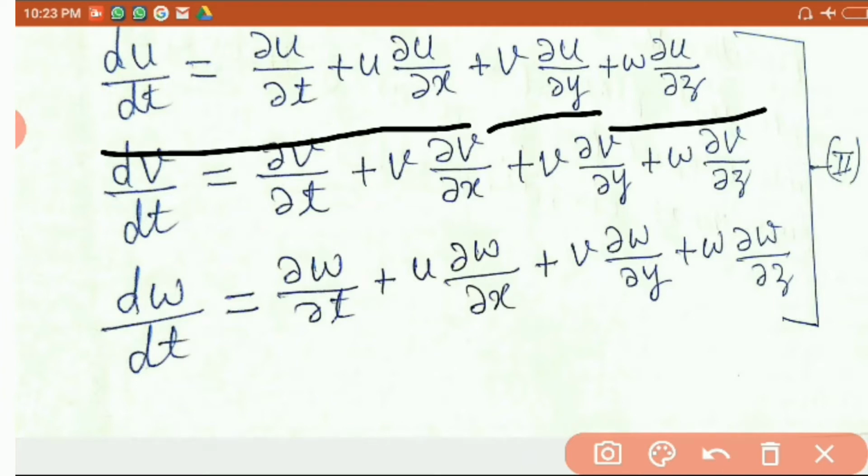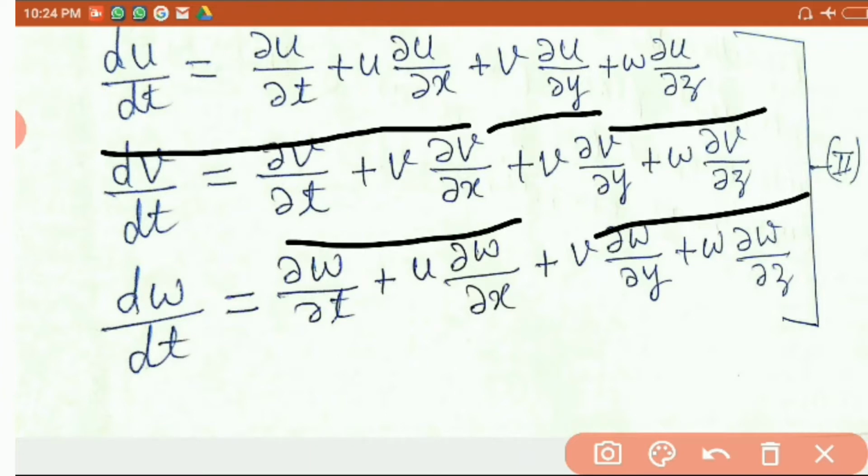Similarly, for the component v, dv by dt is equal to dou v by dou t plus u dou v by dou x plus v dou v by dou y plus w dou v by dou z.